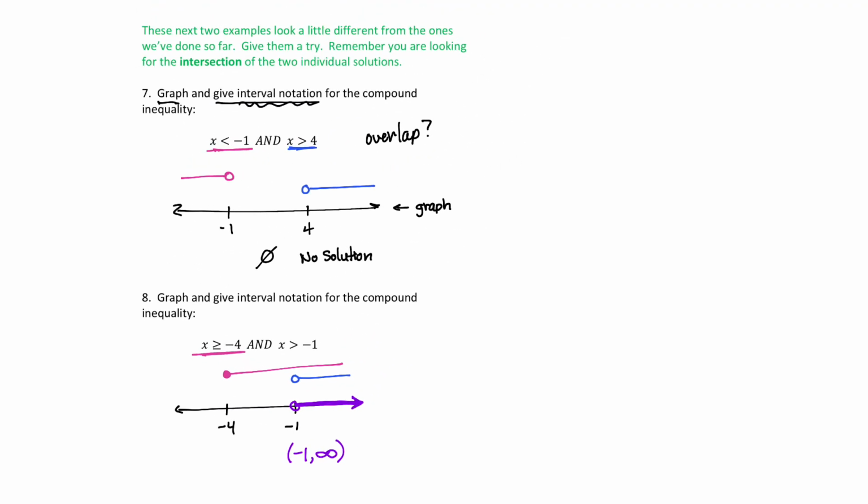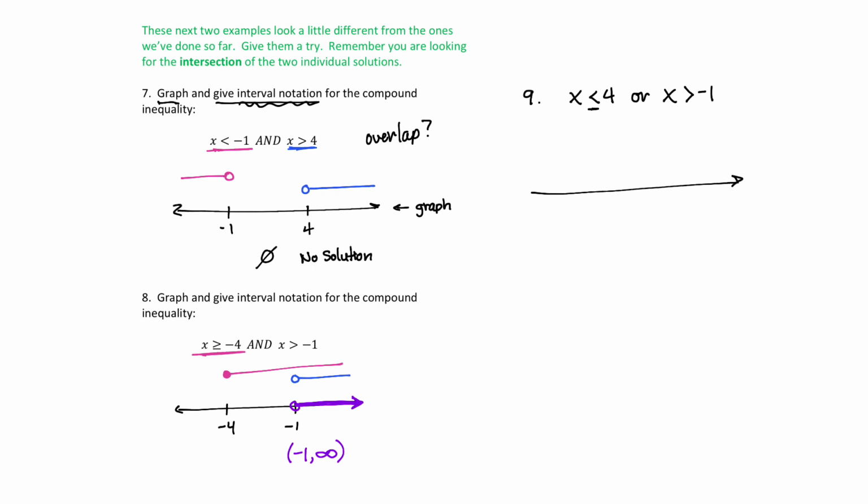Okay, there is one other type that is not included in your notes. So let me give you one last example here. Let's say I have x is less than 4 or x is greater than -1. Let's even make it less than or equal to, just to make it different, okay?